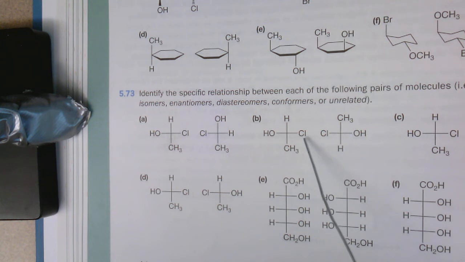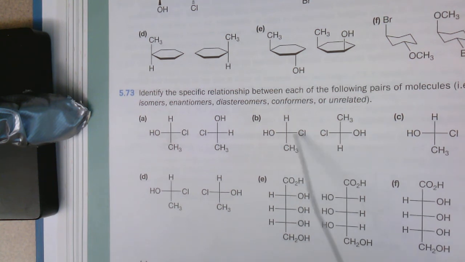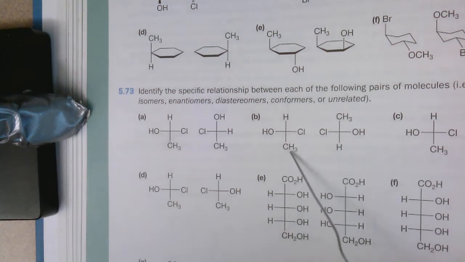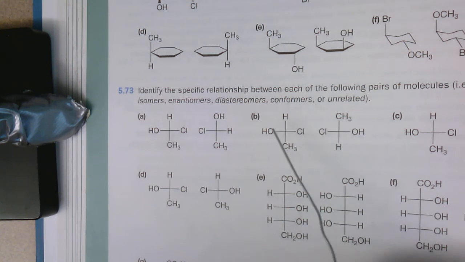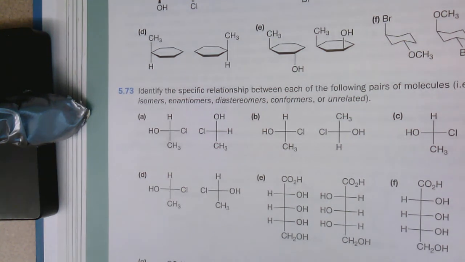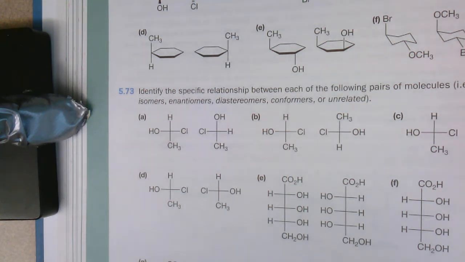Here, the Cl and the OH swapped, and the H and the CH3 swapped as well. So we can think about this as our swap two groups, then swap two groups again rule. One swap inverts the stereochemistry, and a second swap returns it to the original because you basically inverted it twice, like a double negative.